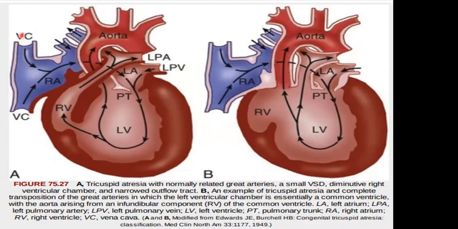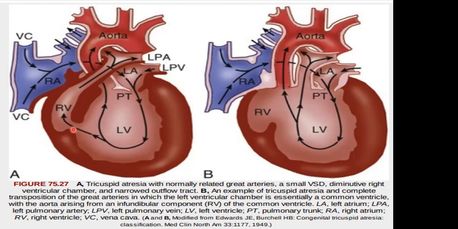From the superior vena cava, blood gets into the right atrium. There's no communication between the right atrium and the right ventricle. So from the right atrium, it then goes into the left atrium. I said there's a defect on the interatrial septum. So it goes into the left atrium. From the left atrium, it then goes into the left ventricle.